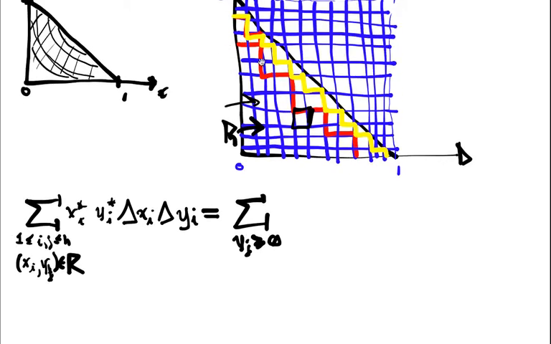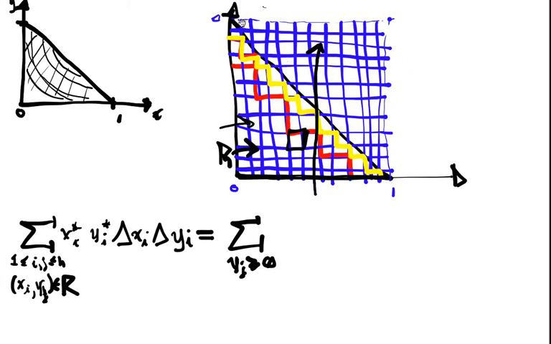So I've got this edge of the boundary, and I'm going to sum over every yj that's greater than this boundary, which is 0. And then, of course, I'm going to go to the extreme value, which is going to be 1. All my yj's have to be less than or equal to 1.